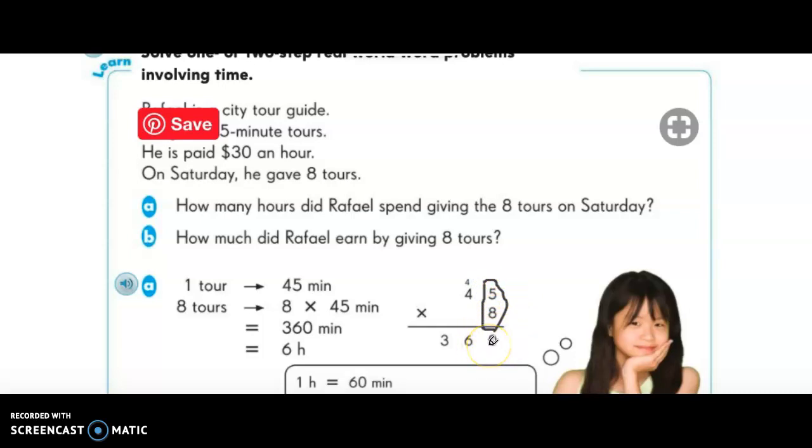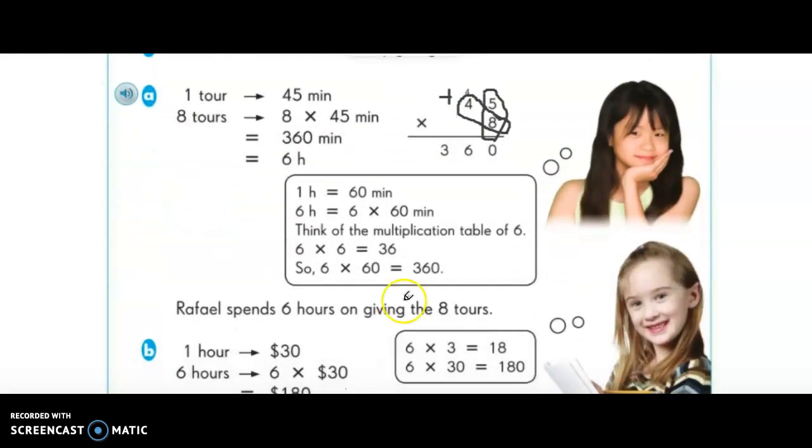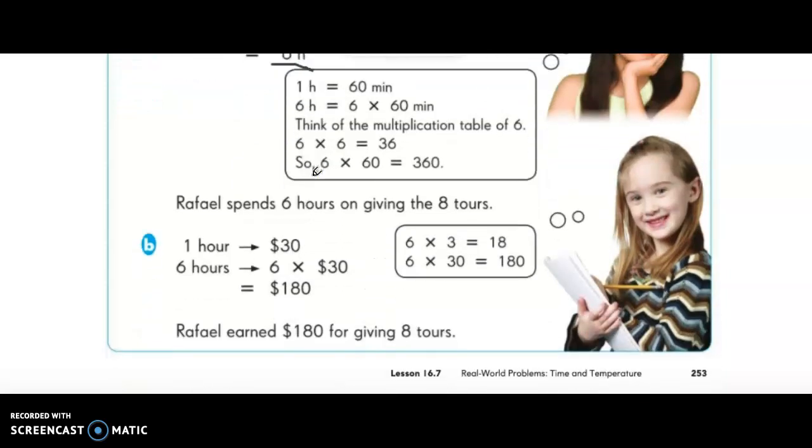So the 0 in the ones stays and we regroup the 4 to our tens place value. Next step is to multiply the tens. 4 times 8 is 32, plus that 4 that got regrouped gives us 36. So then we have a total of 360 minutes, which then we have to convert to hours. So he spent a total of 6 hours giving tours.